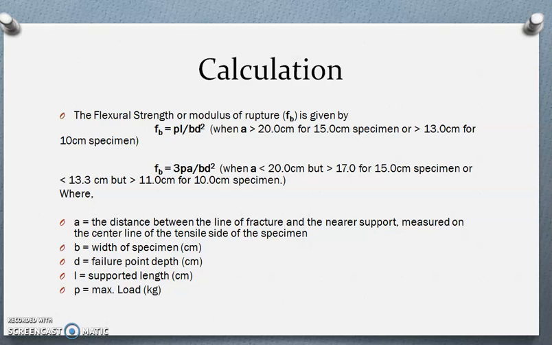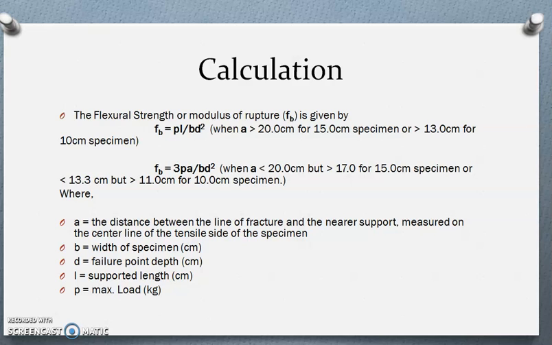We have to use the formula PL by BD square, where P is the maximum load applied in Newton, L is the length in mm of the span on which the specimen is supported, B is the measured width in mm, and D is the measured depth of the specimen in mm.